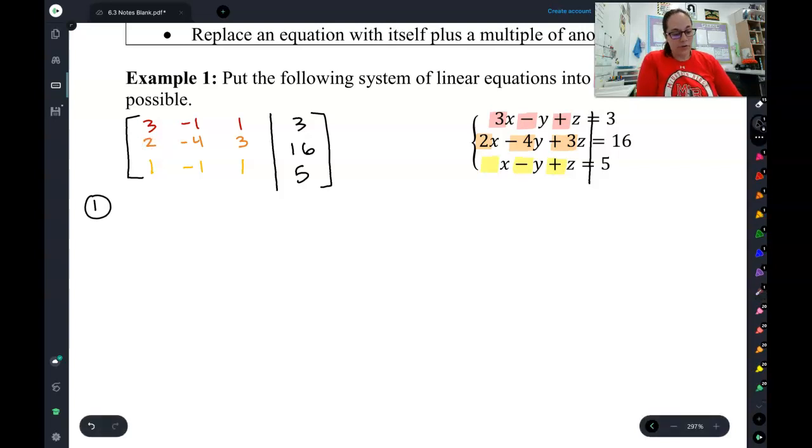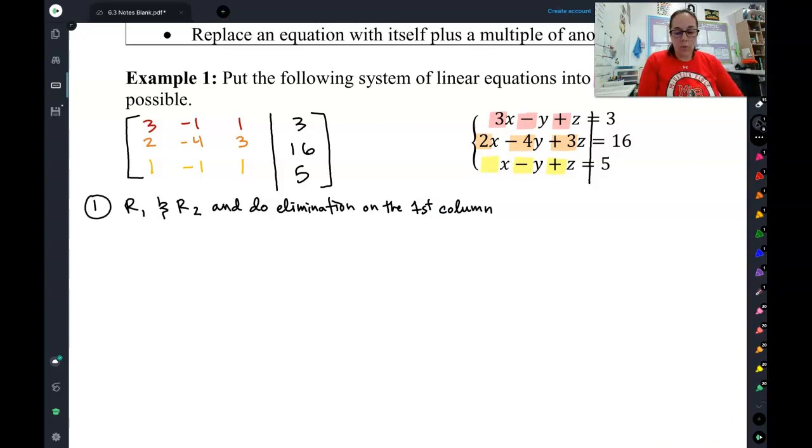Here's what you're going to do. You're going to take the first row, row 1, and you're going to take the second row, row 2, and do elimination on the first column.